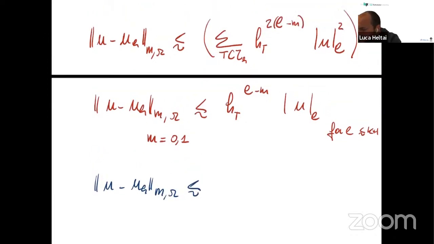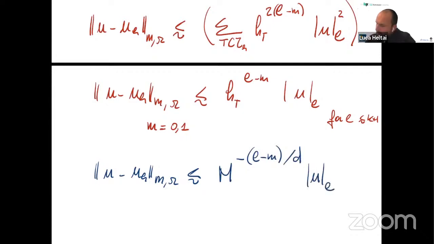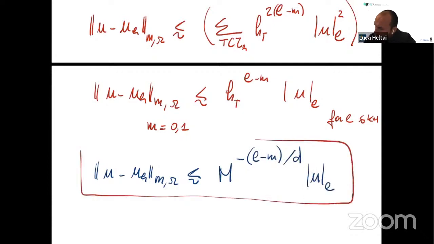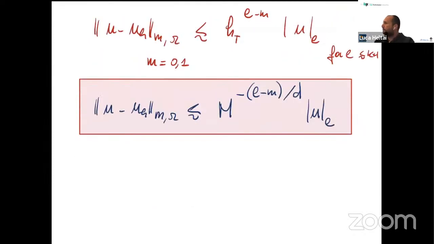Now I replace h_T by m. This is smaller or equal than m to the power minus L minus m over d, times the norm of u in H^L. Okay, and this gives you the power that you expect to have for smooth functions.